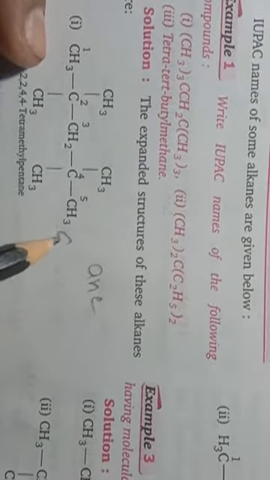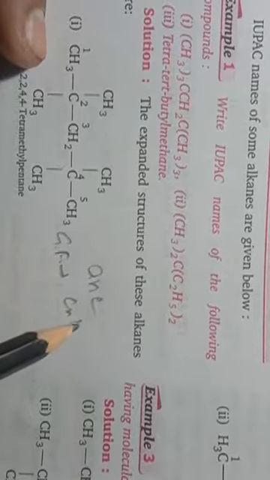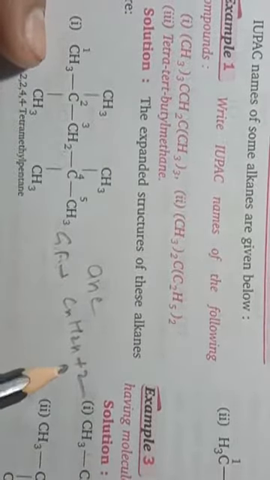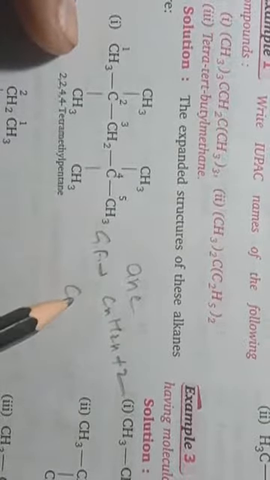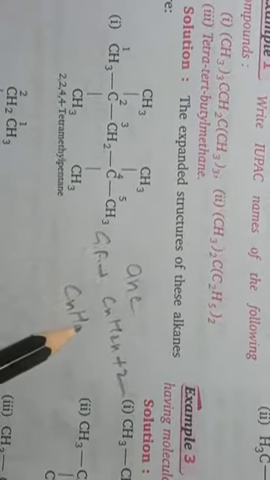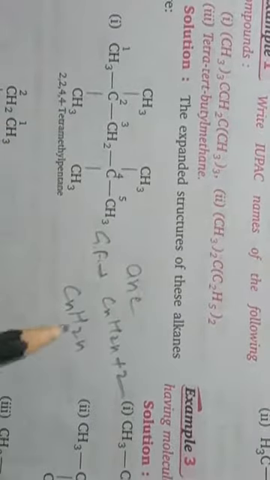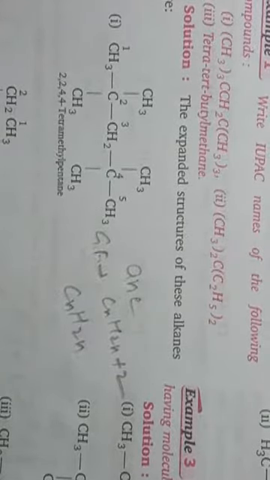The general formula of alkane is CnH2n+2 for aliphatic alkanes, and for cycloalkanes it is CnH2n. So suffix "ane", general formula CnH2n+2, and for cycloalkane it is CnH2n.